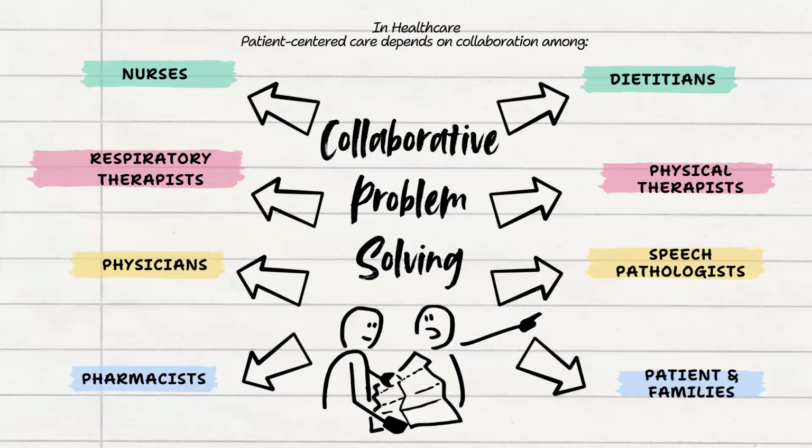The rehabilitation therapists provide support for mobility, function, and ongoing care until recovery. Dietitians optimize nutritional status to support healing and rehabilitation. And families provide ongoing care and support after discharge. So no single professional can accomplish this alone.